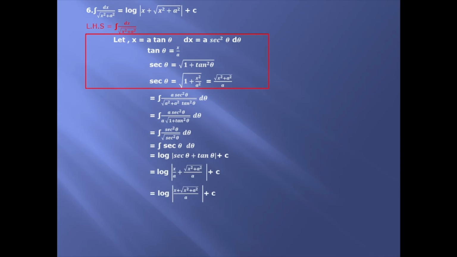Then log of x plus root of x square plus a square by a plus c, which is log of x plus root of x square plus a square minus log a plus c, where minus log a is a constant. So constant plus a constant is again a constant. So we'll have log of modulus x plus root of x square plus a square plus c.